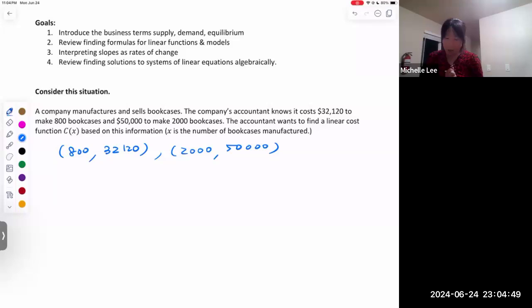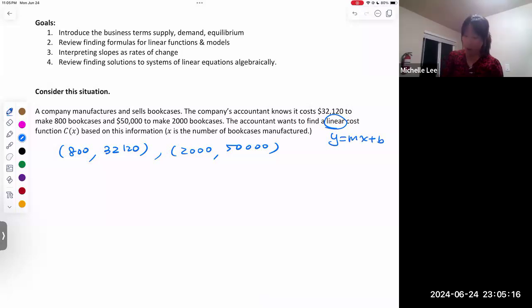We want to find the cost function. Last time, for the cost function, we had a variable cost and then a fixed cost, right? So let's do the slope. Since it's linear, we have to find y equal to mx plus b form.